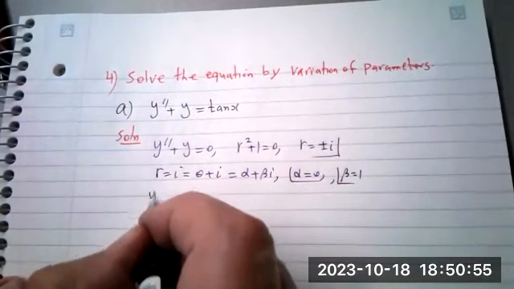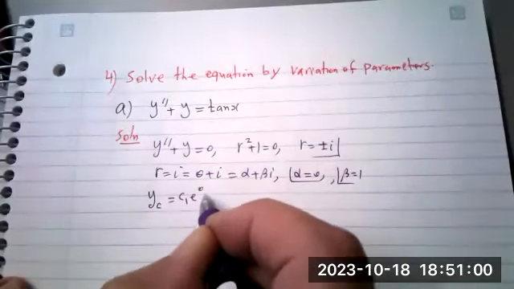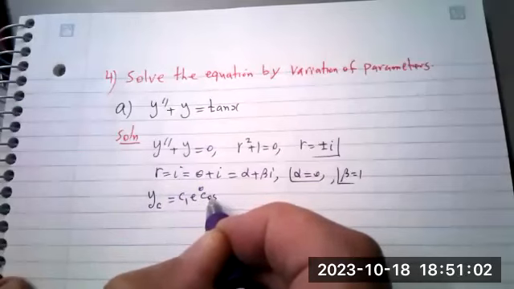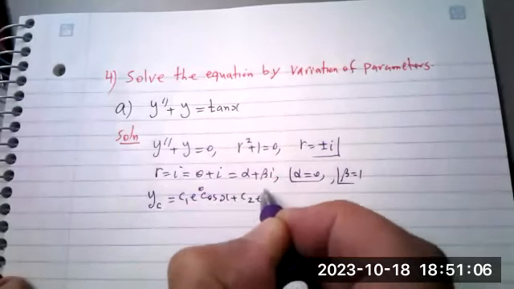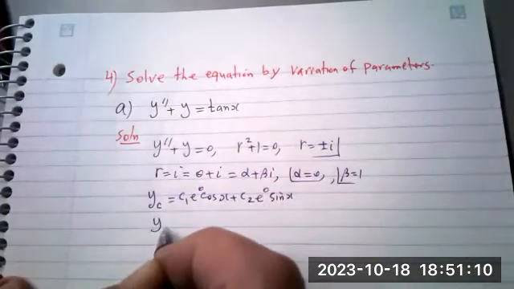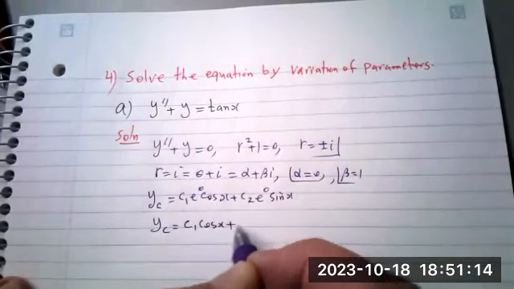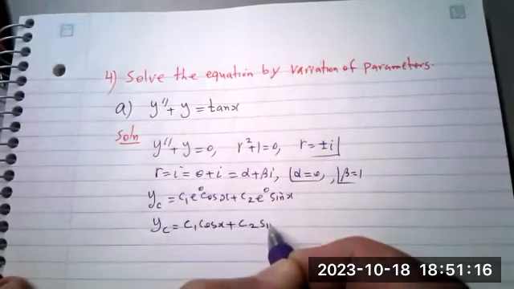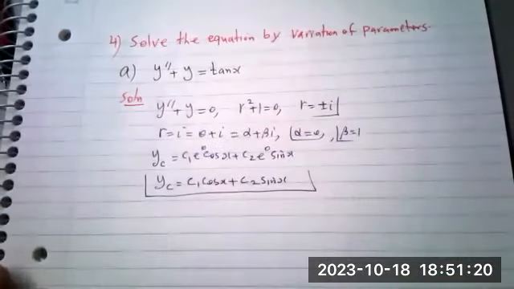So what's YC? YC is C1 e to the 0 cosine of x plus C2 e to the 0 sine x. So your YC is C1 cosine of x plus C2 sine x.